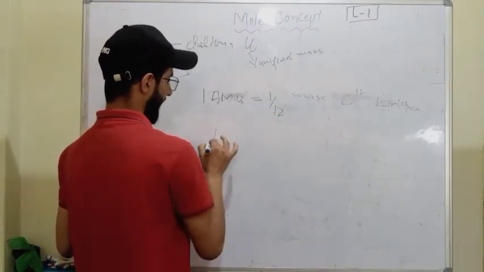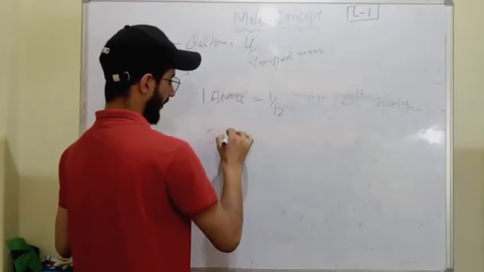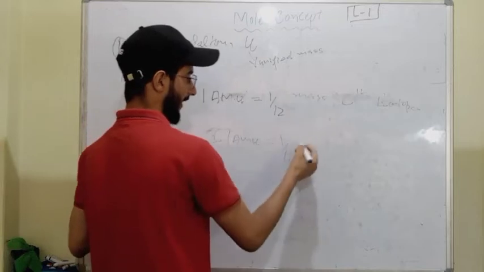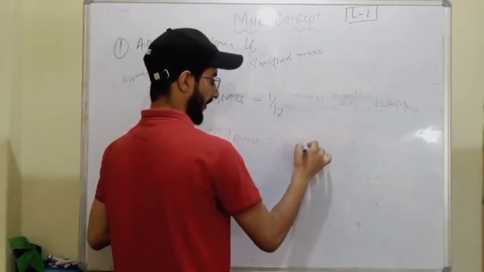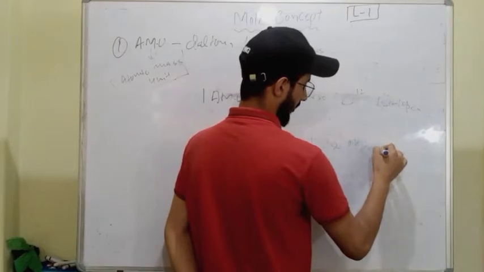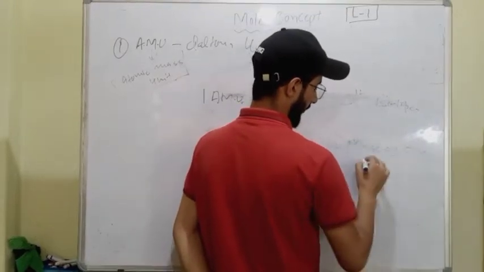So when I write 1 AMU, it will be equal to 1 by 12, as we wrote in the previous case, into 12 number of nucleons, into the mass of one nucleon.